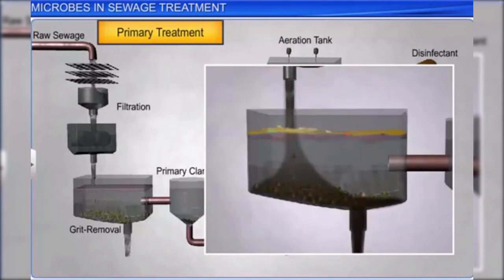via sedimentation. During sedimentation, most organic and inorganic solids settle, while floating materials like grease and plastic rise to the surface and are skimmed off. The settled solids are called primary sludge, while the floating material comprises primary effluents.